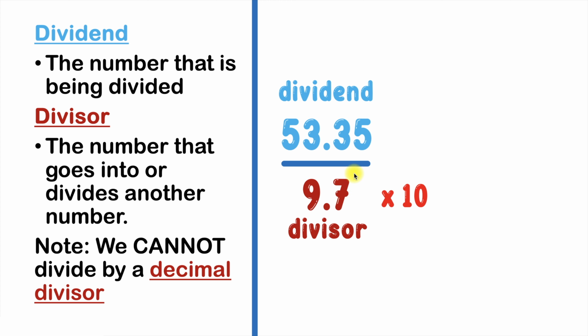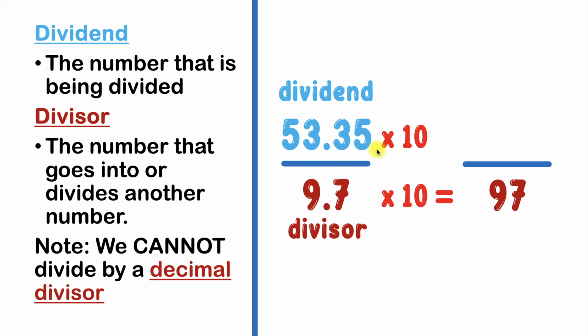So if we're multiplying 9.7 times 10, the decimal point will go one place to the right, making our new divisor equal to 97. Then we'll write the fraction line and change the numerator, which is the dividend, the same exact way. Because we multiplied the bottom by 10, we'll do the same thing to the top.